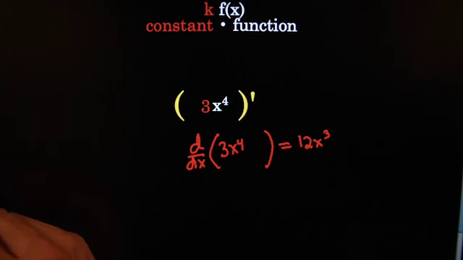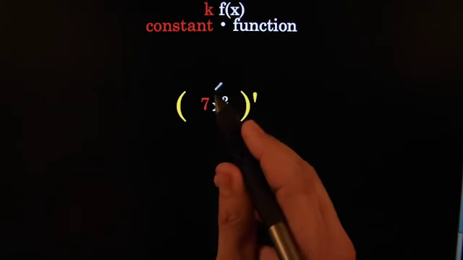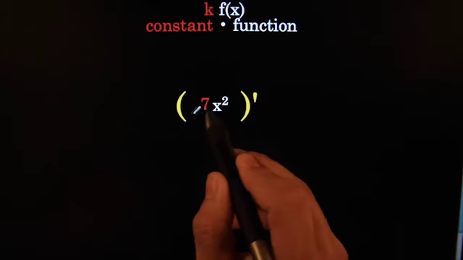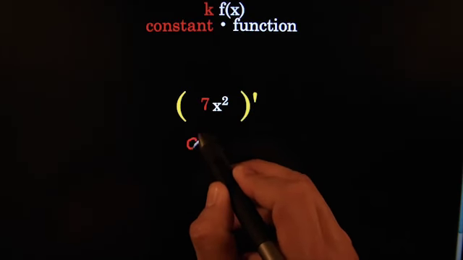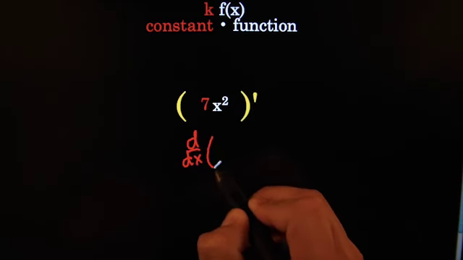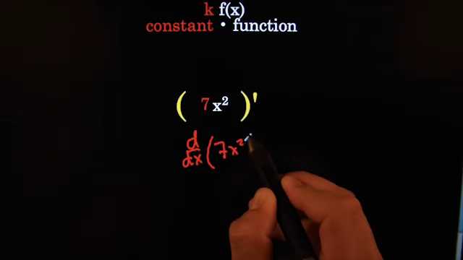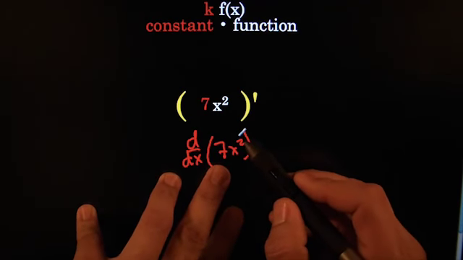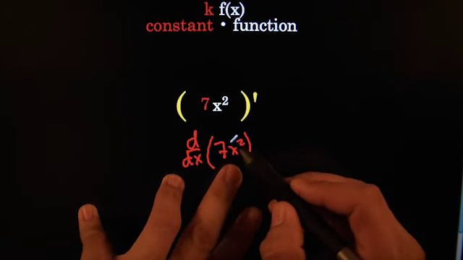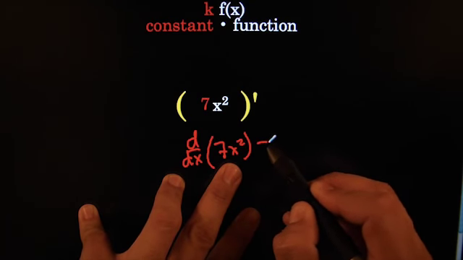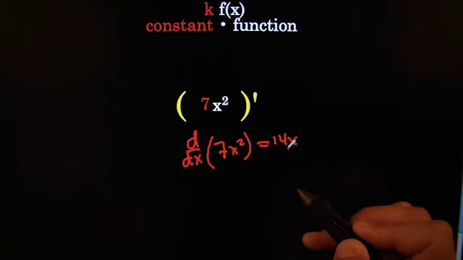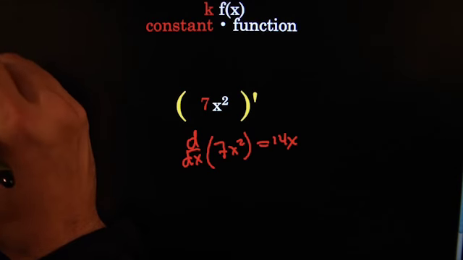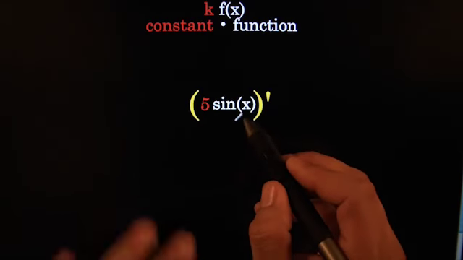Okay, this is a standard way. I think you need to get used to it. It's very, very important that you do. Before we would have just taken the prime. Today it's almost the same thing, except we use a different notation, d/dx. We take the derivative with respect to x of 7x squared, and that would give you 14x, just like that. See, it's important that you get used to the d notation.